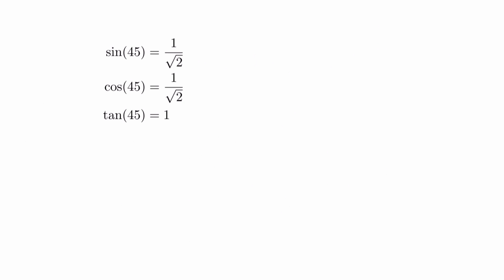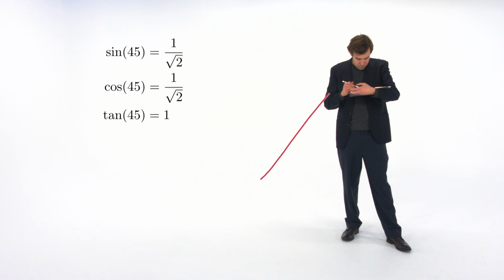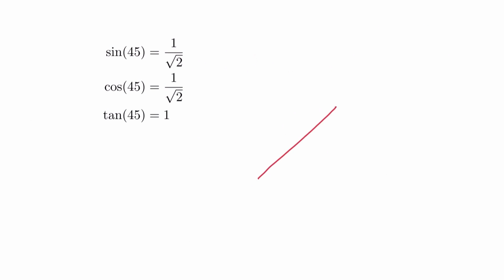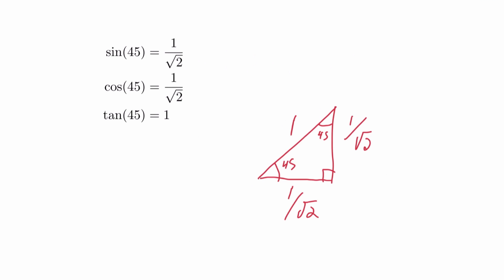So we can also compute the necessary side lengths of this triangle. If this side is 1, then it can be easily shown that the other two side lengths must be 1 over square root of 2. Of course, they'll be equal. This can be seen from the following simple calculation.